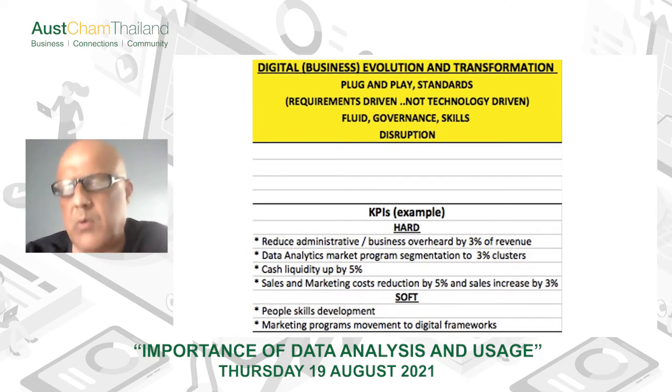You may or may not agree with the numbers, but these are examples. Number one, can we, in terms of fixed costs or in terms of overheads, go down by 3%. So how do we do that? We would automate processes. We would simplify workflows. We would look at a single source of truth of data and so on.